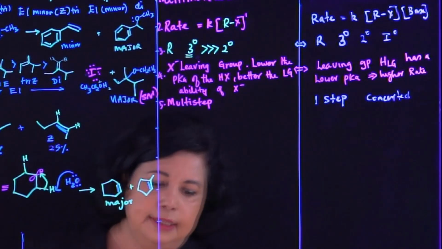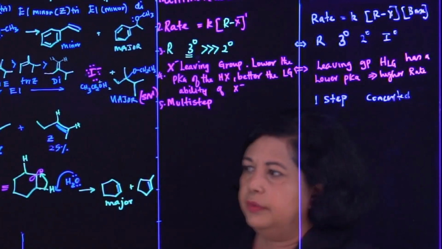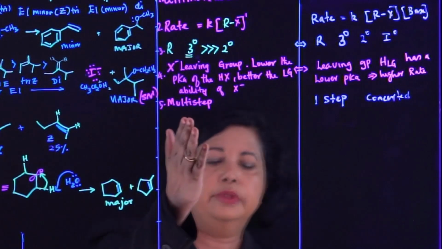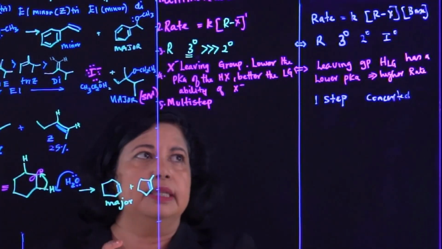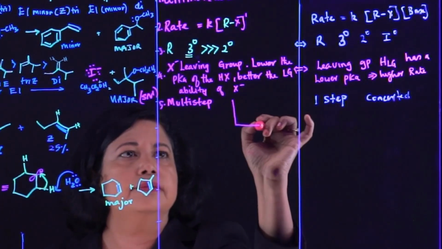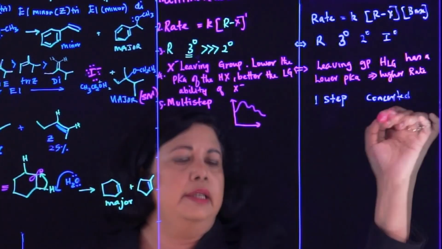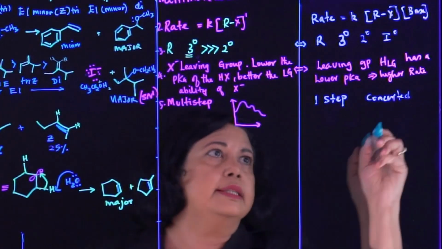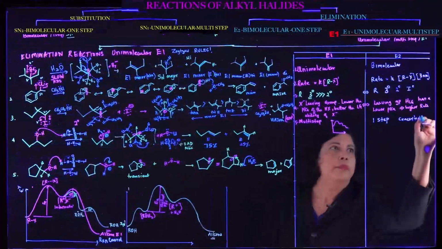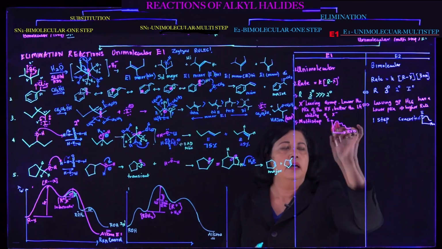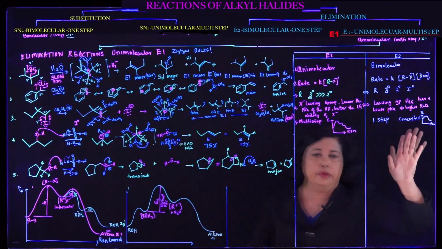Everything happens simultaneously. What else? If you take the graph, obviously it's going to reflect that. You're going to have a lot of steps here on the graph, whereas here you're just going to have one step. I'm just drawing a very rough sketch here.